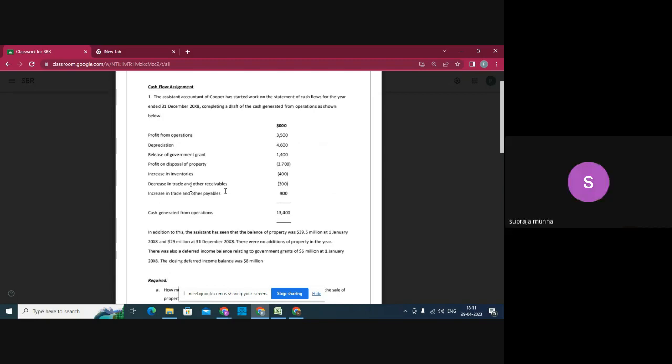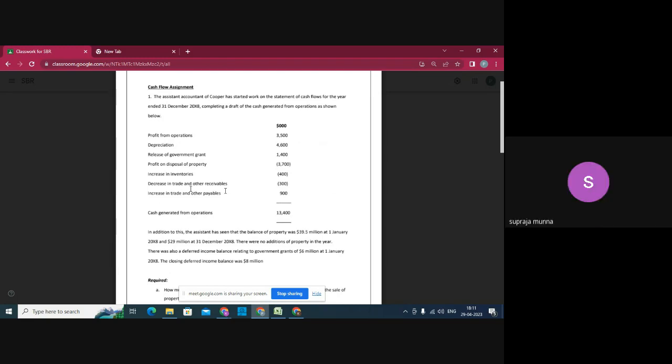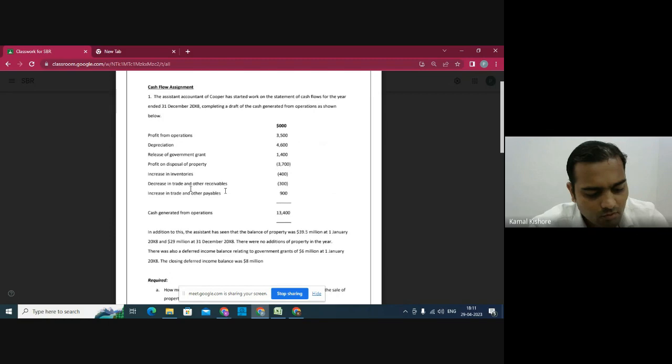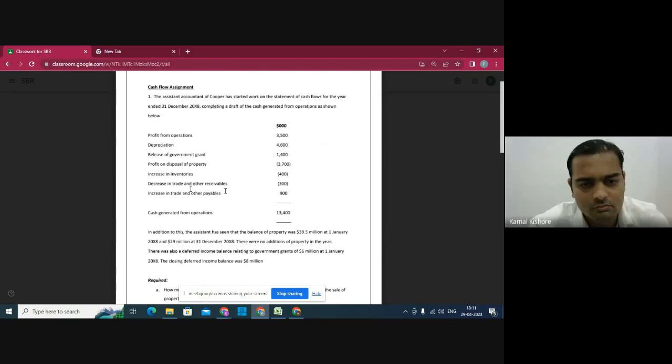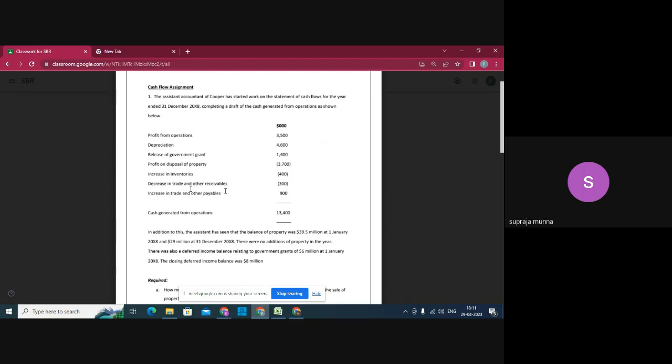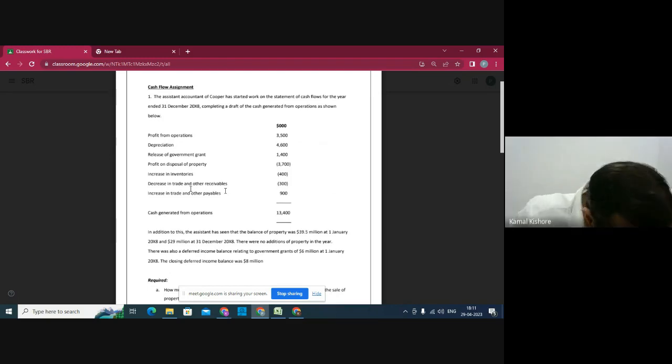A decrease in receivables, like whatever money we need to receive, it reduced. So there is no inflow. Inflow of cash. Okay. So is that correct? The 300 is correct?